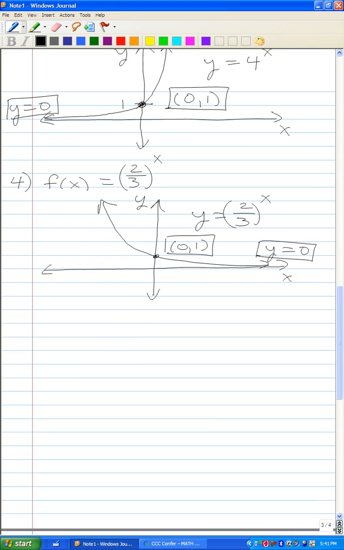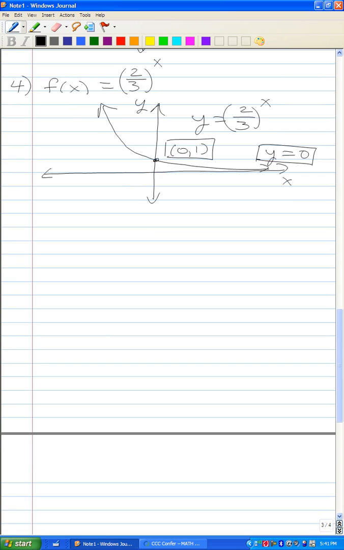Let me do problem number 12. f of x is equal to 4 to the x minus 1. So this is just a translation. Let me write f of x as y.